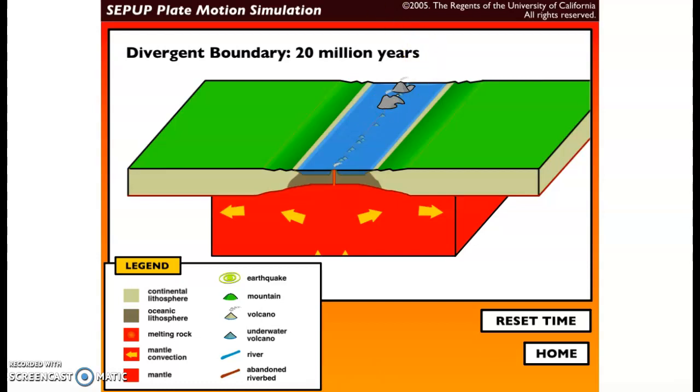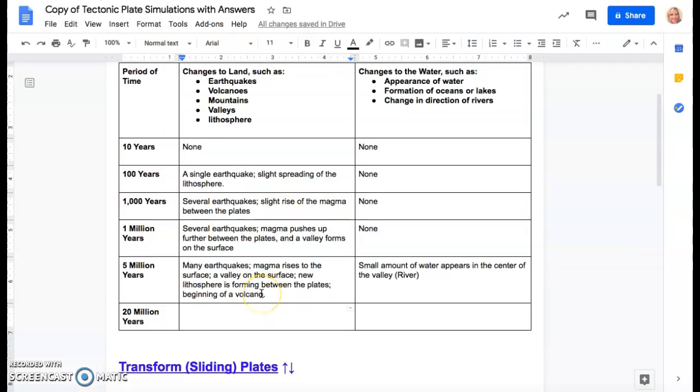So let's add all of that to our paper. So in 20 million years, we have a lot of earthquakes. We have underwater volcanoes along the boundary.